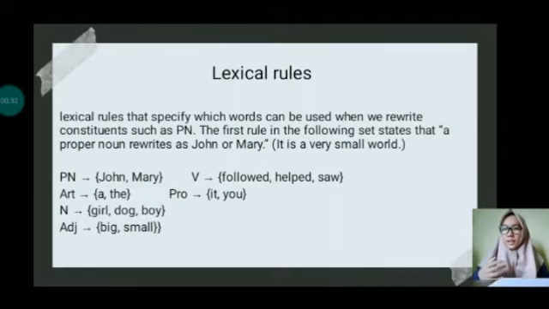Articulation rewrites as a, the, and an. Noun consists of girl, dog, boy, and others. Adjective consists of big, small, beautiful, handsome, and others. V, or verb, consists of followed, help, saw, and others. And pronoun consists of it and you.